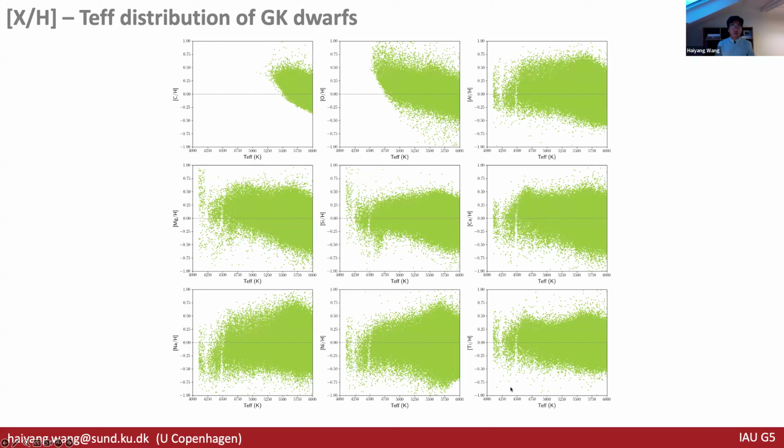We have not been very sure whether it is because carbon is harder to measure accurately, so toward the lower temperature they have fewer data available and that causes this trend, or whether it is really a correlation of abundance with effective temperature. I also tested on APOGEE, and they also show a trend, but it is not consistent across the elements. So as I said, this is still worth exploring, even for the GK dwarf side.